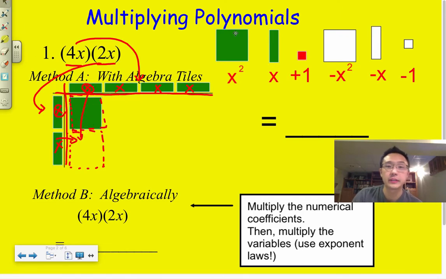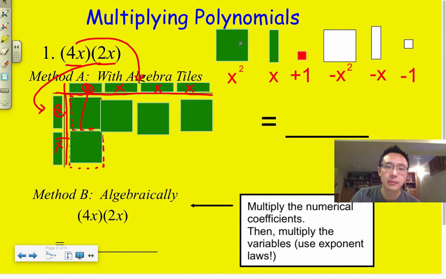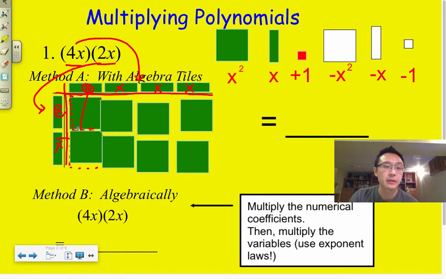Which shape can fill in that little space? Well, this square. As you fill all of these in, you're going to see they all match up. These ones are green because positive times positive is positive. You can calculate: I have 1, 2, 3, 4, 5, 6, 7, 8. So that's positive 8. And what do they represent? x squared. That's your answer.